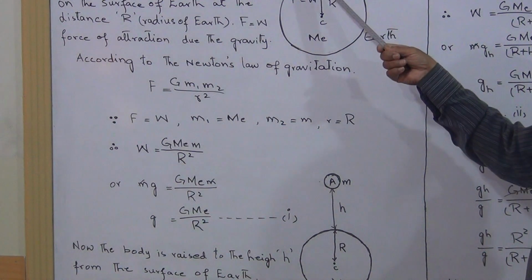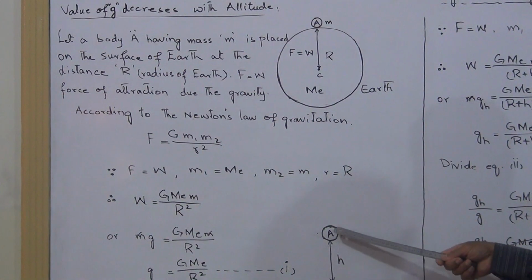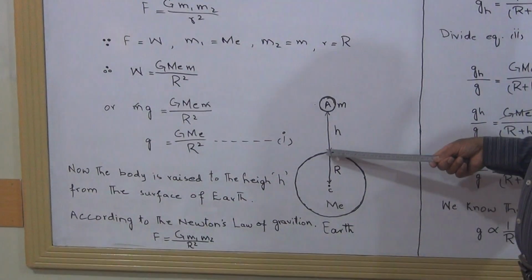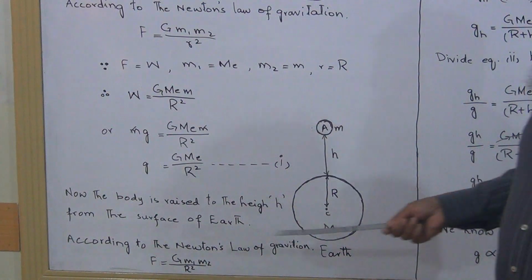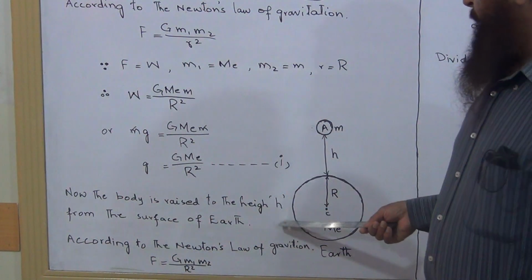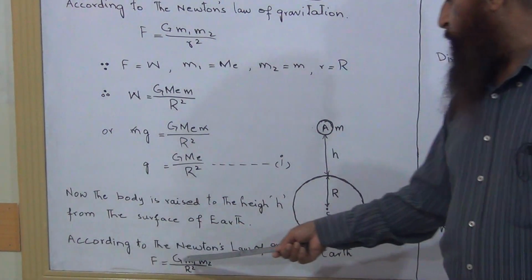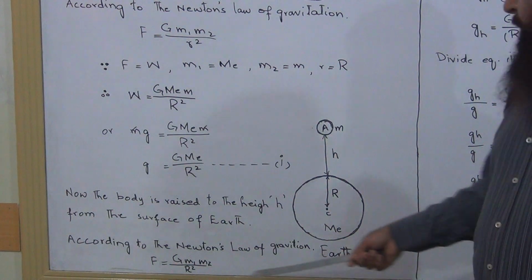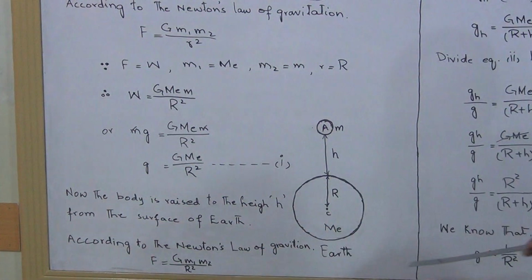Now we are going to raise the body to a height h. Then we will calculate the new value of g. The body is raised to the height h from the surface of the earth. According to Newton's law of gravitation, F is equal to G m1 m2 upon r square.